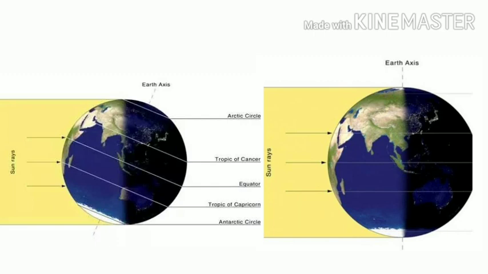So now you can understand that the southern part of India is getting the sun's straight rays during summer, and in the same season the northern part is getting the slanting rays.